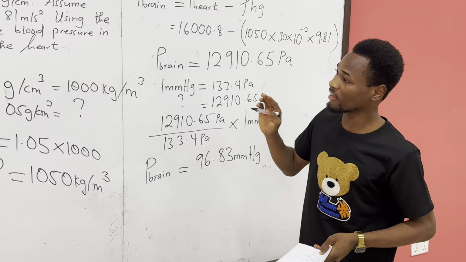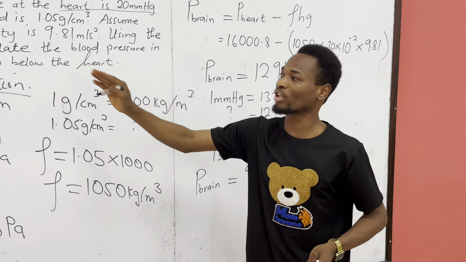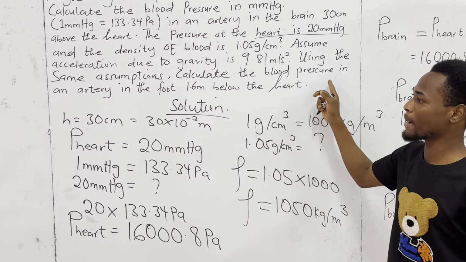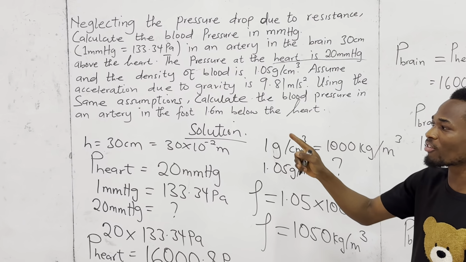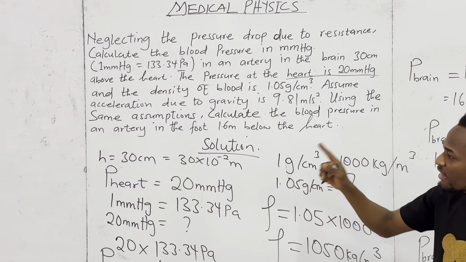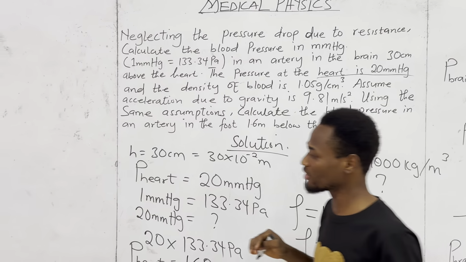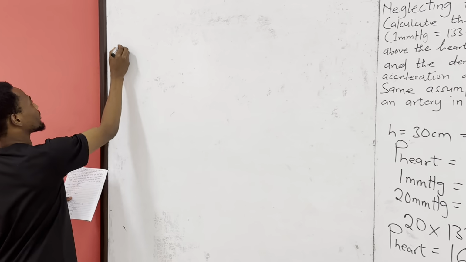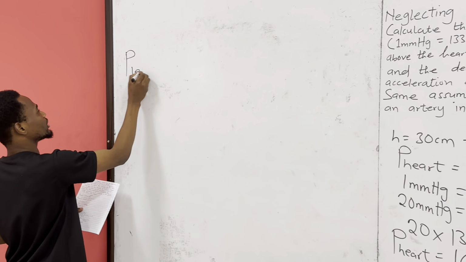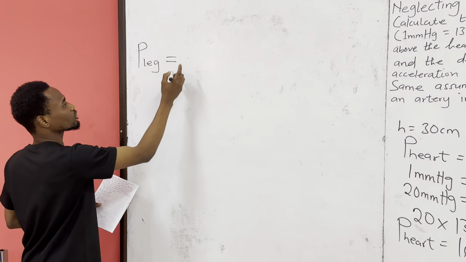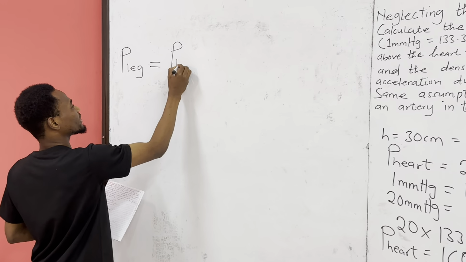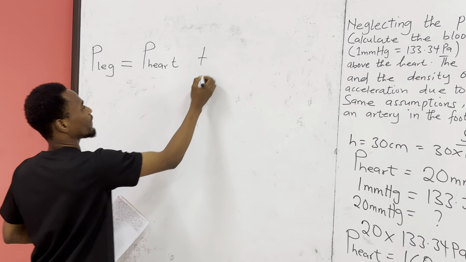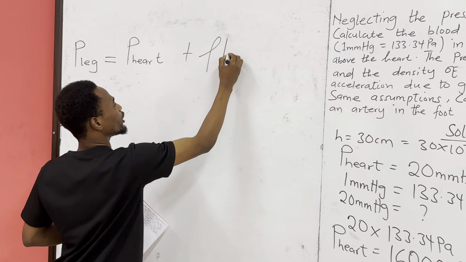And the second part is saying, using the same assumptions, calculate the blood pressure in an artery in the foot, so the leg, alright? So you already know that the pressure developed in the legs should be equal to the pressure of the heart plus rho g h.